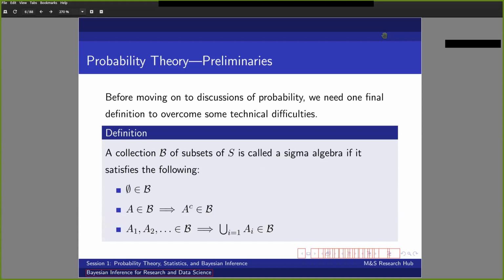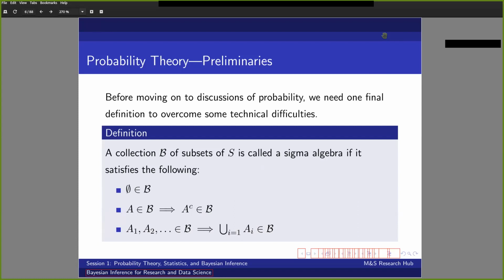Now, additionally, we need one final technical definition to overcome some theoretical difficulties which we won't get into. A collection B of subsets of S is called a sigma algebra if it satisfies three properties. First, the collection B contains the null set as an element.